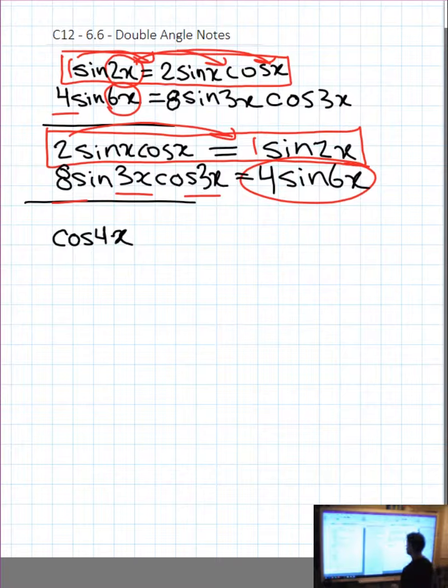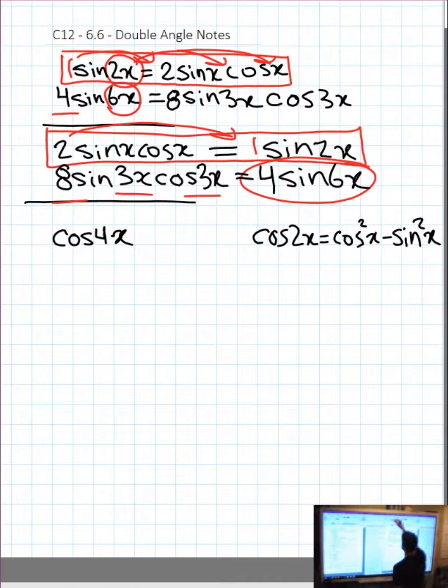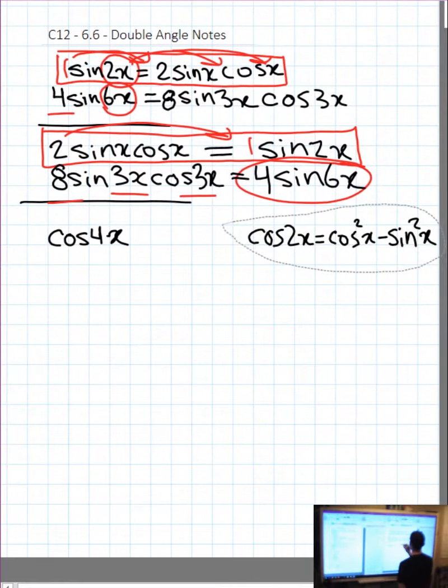So, I lied. I'm going to write the first line of it. We know that cosine 2x is equal to cos squared x minus sine squared x.